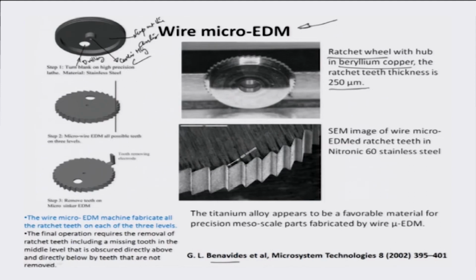Once this is done, they use a wire, right here between the two tick marks, and perform a micro wire EDM on all possible teeth at the 3 levels of this blank. The blank is cut into 3 different levels, as illustrated here.